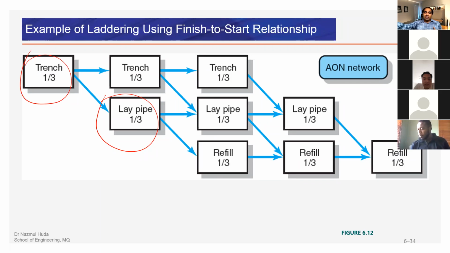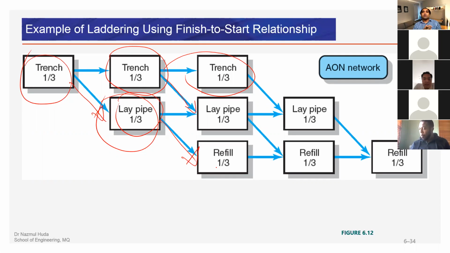In the conventional approach, once you finish the trench, then you can start laying pipe, then you can refill with concrete and dirt. But in a real case, we can start laying pipe as soon as we have 1/3 of the trench done. Then it follows with the remaining thirds. We lay pipe, and once 1/3 of the pipe laying is done, we start refilling.